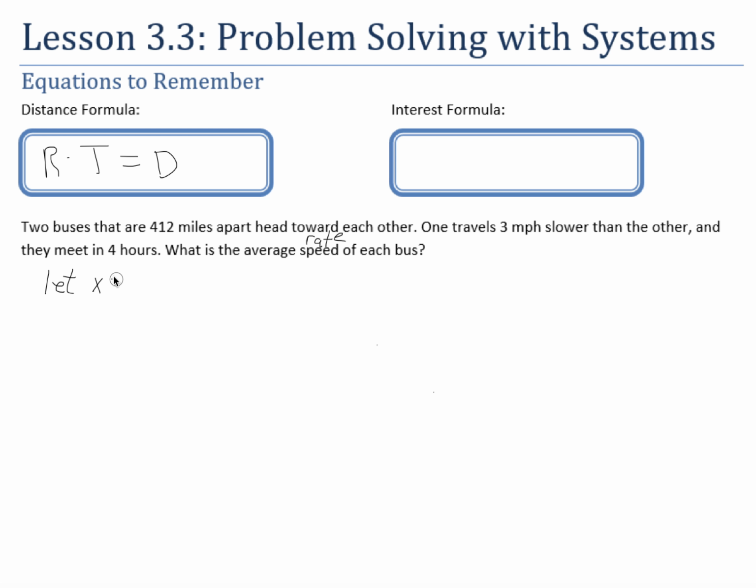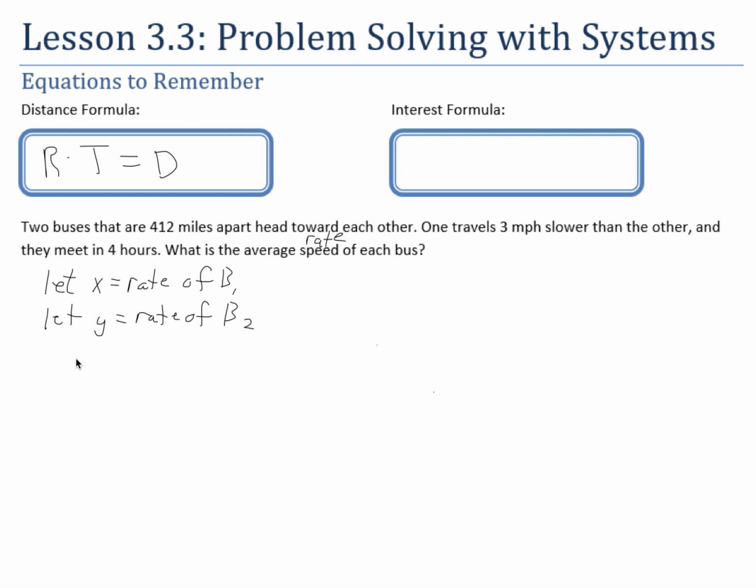Let x equal the rate or speed of bus 1, and we'll let y equal the rate of bus 2. So those are our two unknowns, and we're going to try to solve for those as we work through here.